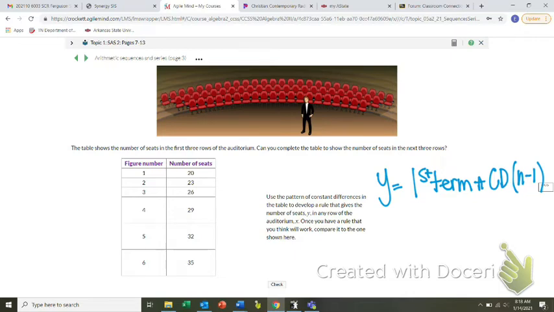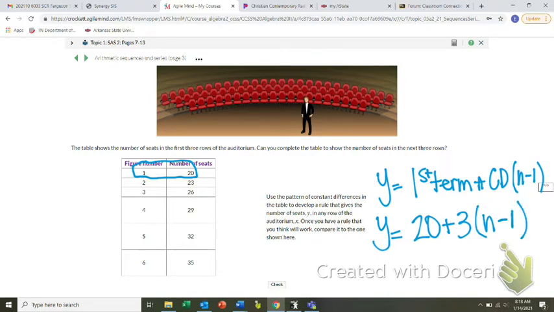Okay? So we have to look. Y equals, what is the first term? 20. Plus our common difference. What is it doing every time? It's adding 3. And that recursive definition, we just bring it down, n minus 1.